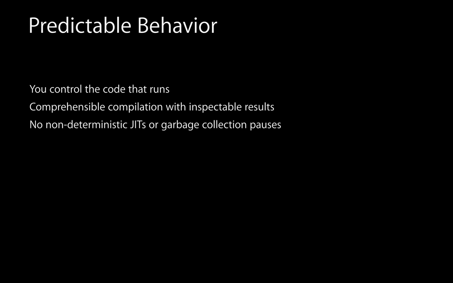There's no non-deterministic places where a secondary thread is pausing your entire application to garbage collect right in the middle of a user operation. You can understand your code, exactly how it was compiled, and exactly the result, and feel confident in exactly how it's going to run.